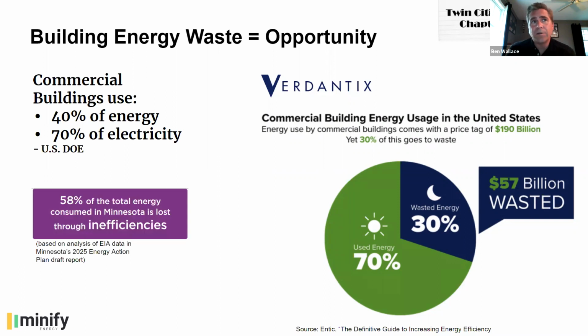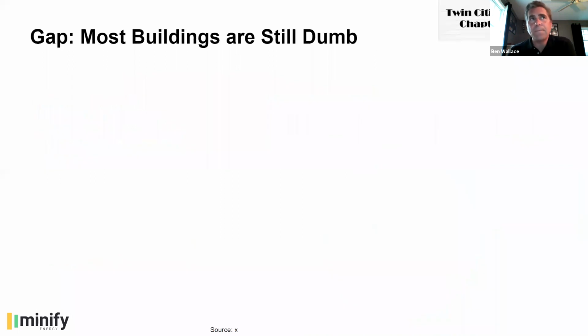And a little closer to home, there are projections from Minnesota's Energy Action Plan that suggest as much as 58% of total energy consumed in Minnesota is through inefficiencies. Now, that's not limited to buildings necessarily, but buildings make up a good chunk of that. And so between that, I think that paints the picture that there's a big opportunity in the market that we can do better and be more energy efficient, and smart building technologies can help us get there.